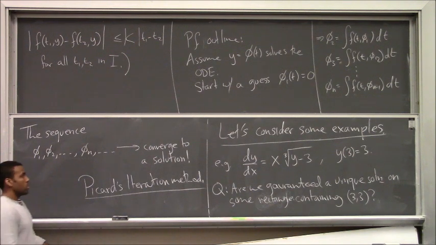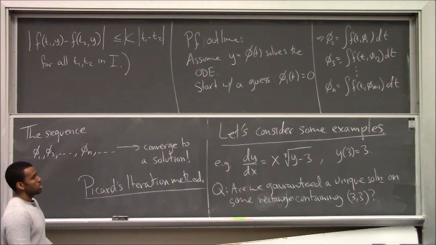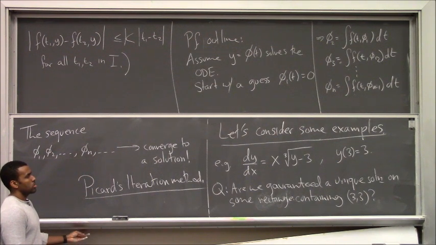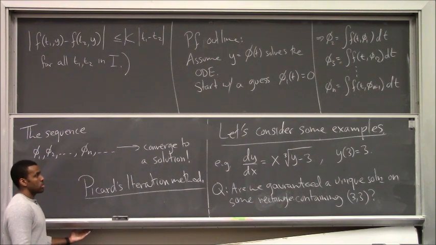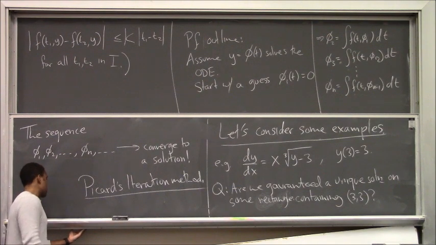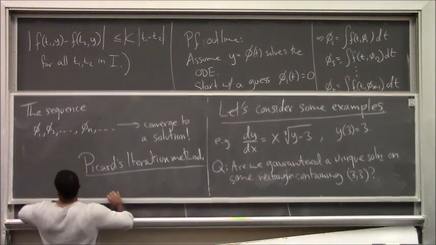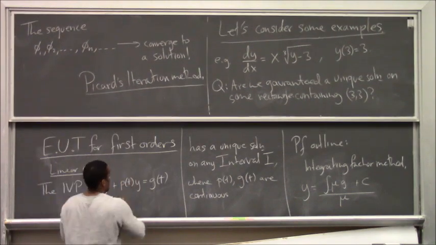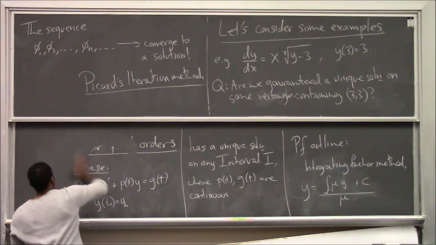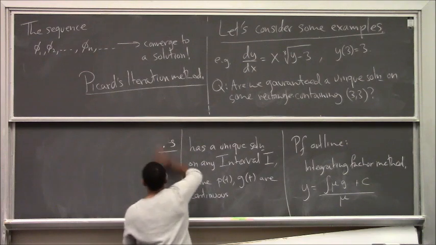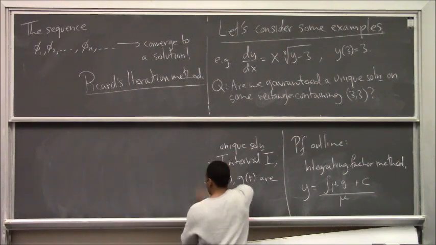No. Why not? It's not continuous. What's not continuous? When you plug in y equals 3, if you didn't have initial conditions, it would be equal to 0. Okay, 0 is not a problem. Plug in something, you get 0, doesn't make it discontinuous.